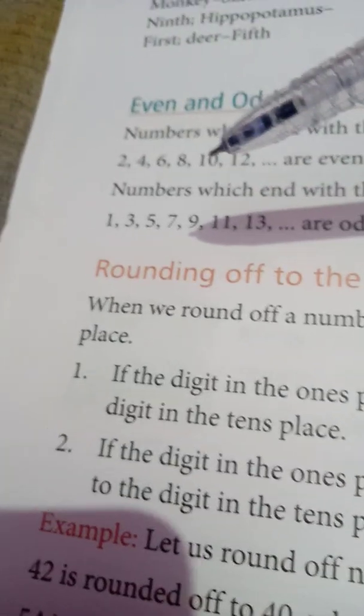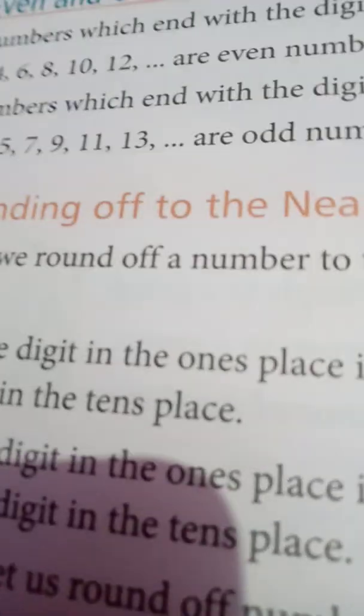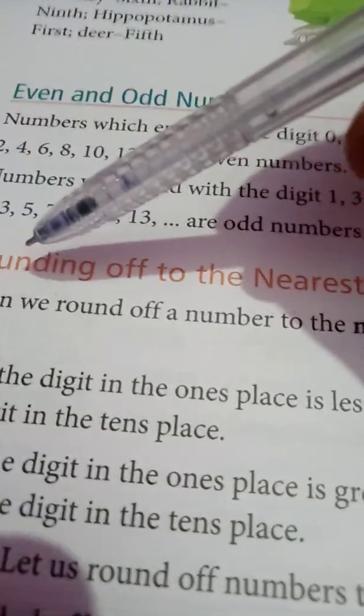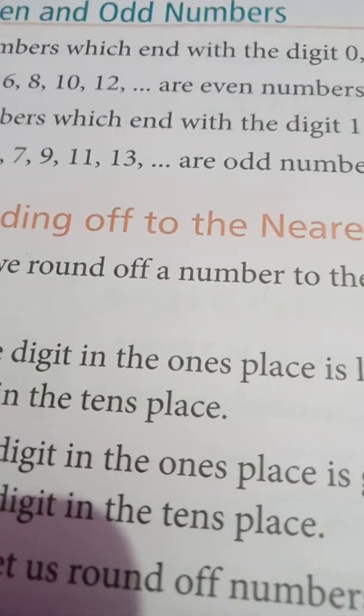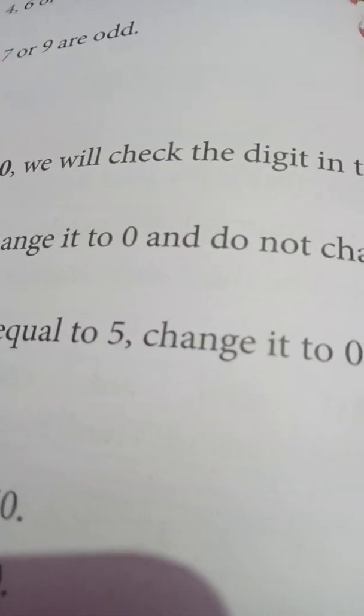Now we are going to discuss rounding off to the nearest 10. Suppose there is a number and you are asked to find the nearest 10 of 24. As we know, this is the one's place digit and this one is the 10's place digit.